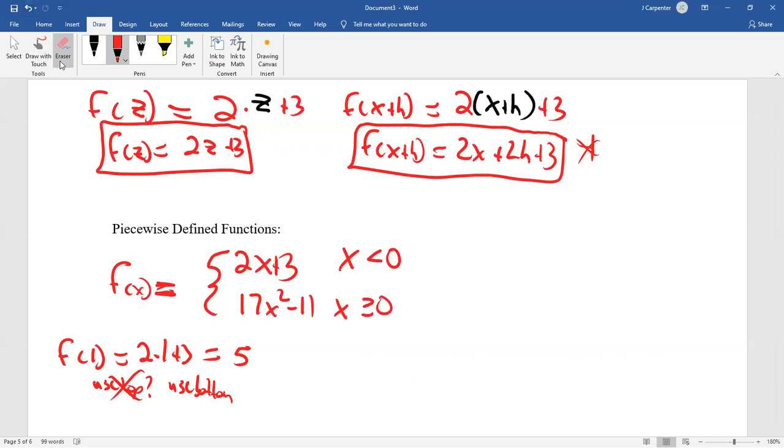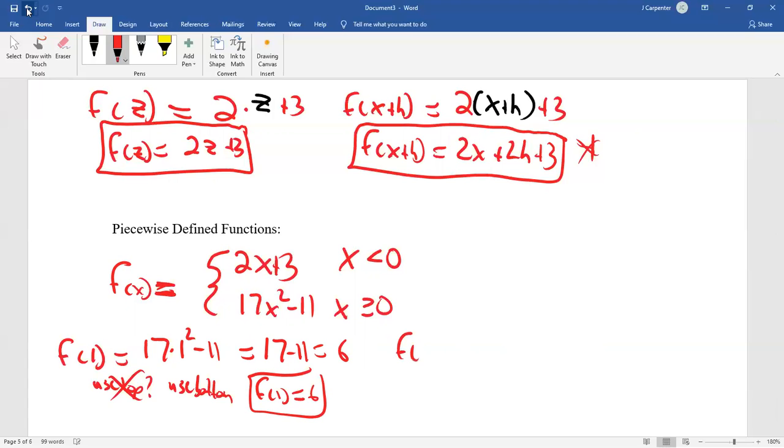And I still did it, didn't I? We're not using the top. We're using the bottom: 17 times the 1 squared minus 11. We use the bottom when x is bigger than 0, and 1 is bigger than 0. 1 squared is 1, so that's 17 minus 11, which is 6. So f of 1 is 6.